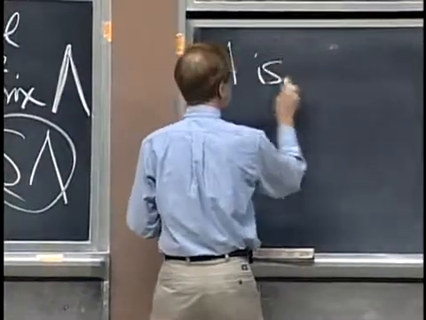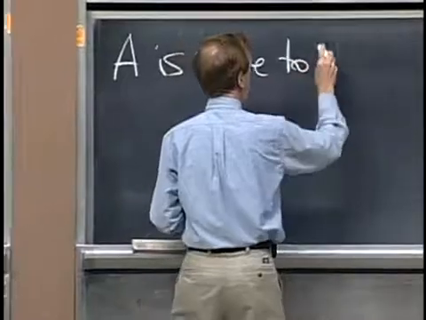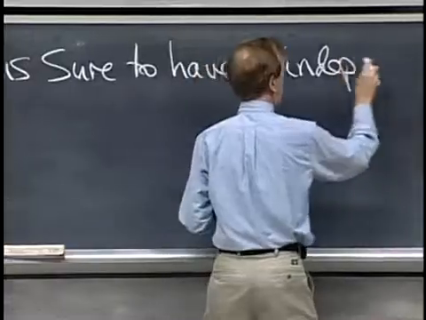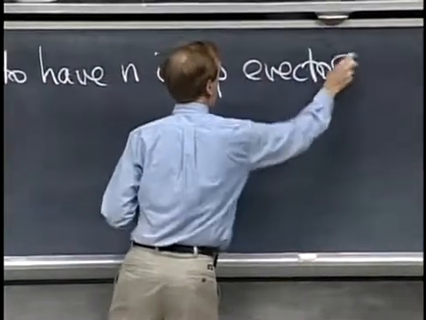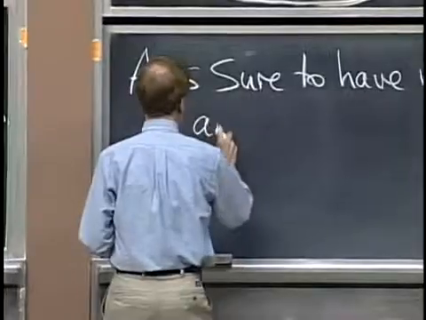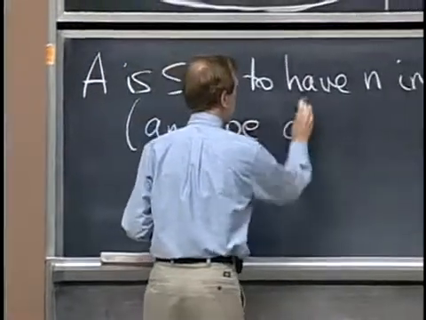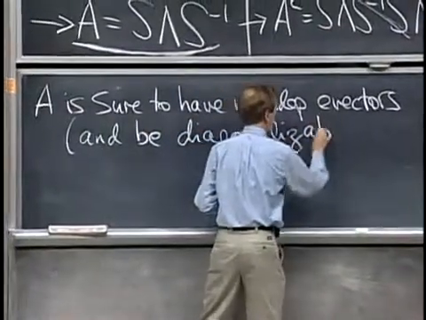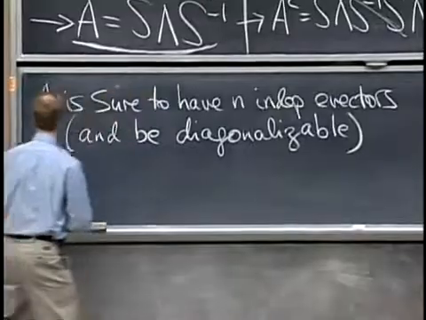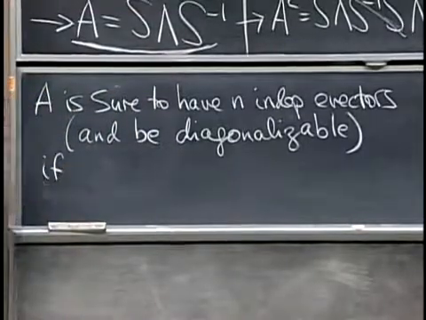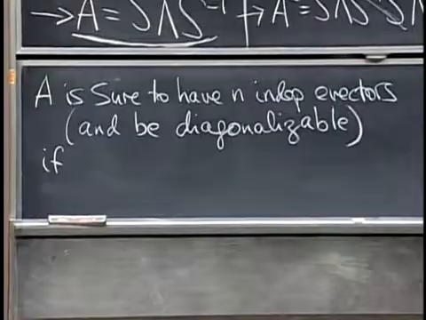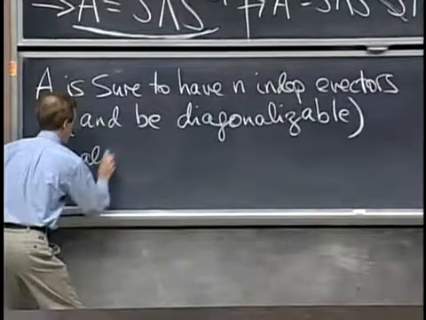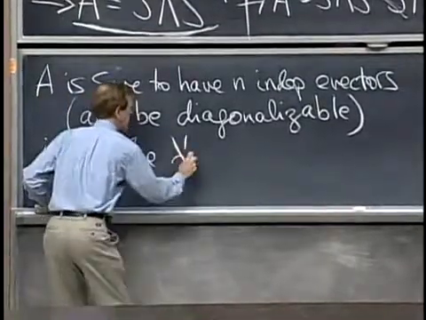A is sure to have n independent eigenvectors, and diagonalizable, if, so we might as well get the nice case out in the open, the nice case is if all the lambdas are different.